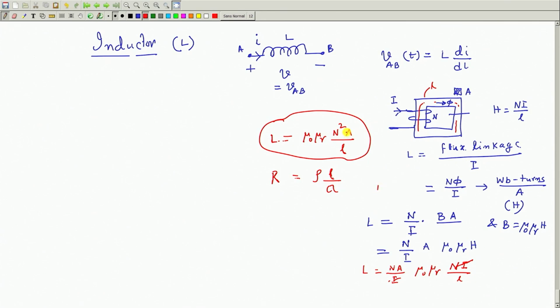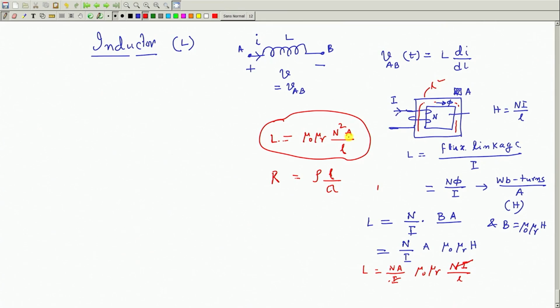Anyway, we will not go much beyond this. So, inductance can be defined as, knowing the dimension of the core, cross sectional area, mean flux length L, and the permeability of the core, and knowing the number of turns you have wound to create this inductor, the value of the inductor will be this.